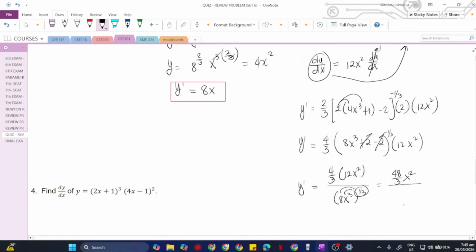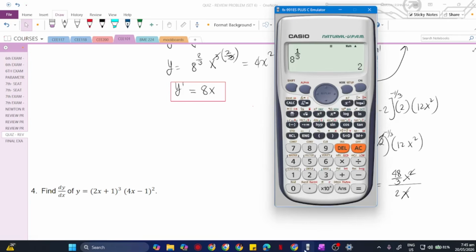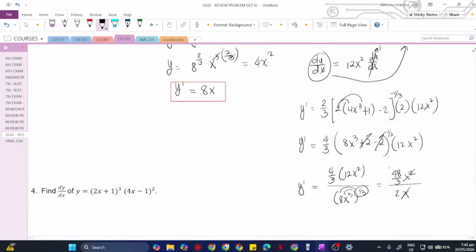And x cubed times 1 third in the exponent, we get x. So we can simply cancel x, leaving just one x. So 48 over 3 over 2, we get positive 8. So basically, we still come up with the same answer, which is equivalent to 8x.